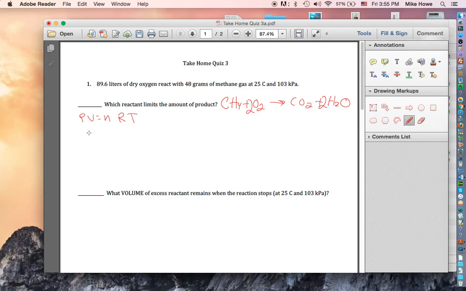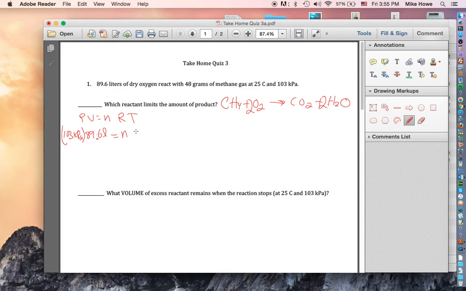That would be our volume. I'm going to put units in once on this problem, but after that I'm not going to because of space. Here this is 103 kilopascals. That's our pressure. Don't have to subtract water vapor because it doesn't say anything about water vapor. N is the number of moles, and we don't know that. That's what we're trying to find.